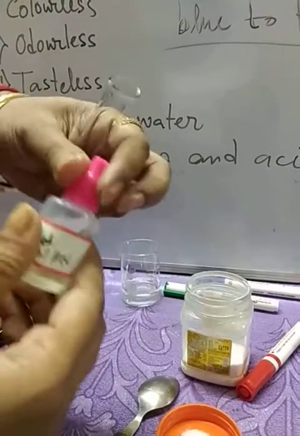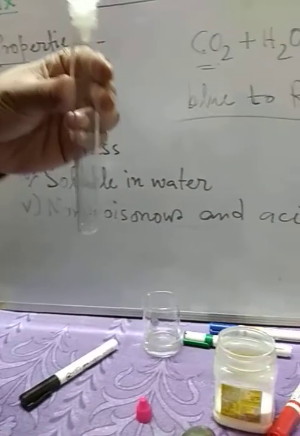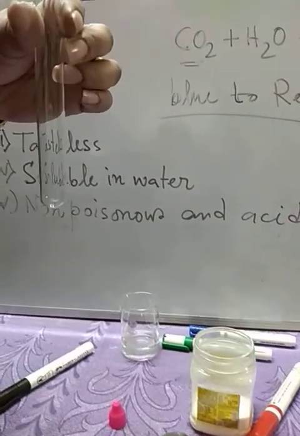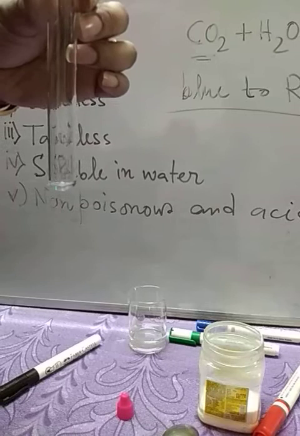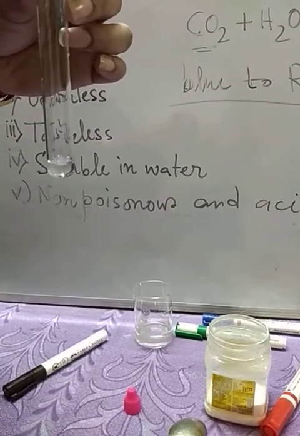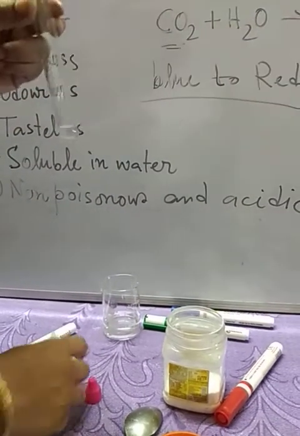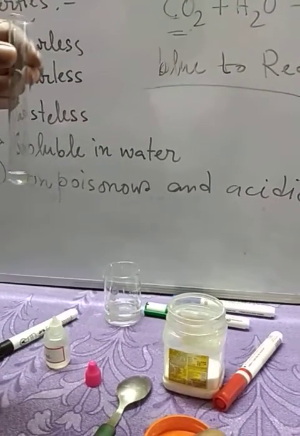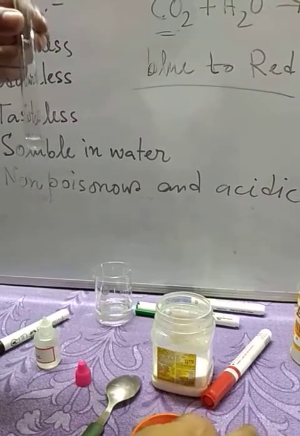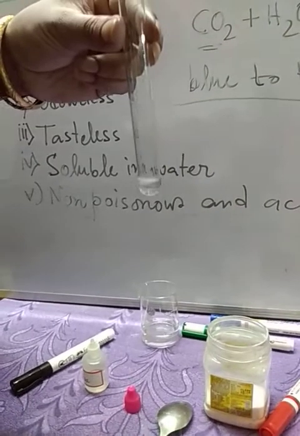A few drops of this acid, near about 1 ml, I have taken in the test tube. You can see that. Now in this I am going to sprinkle some baking soda.